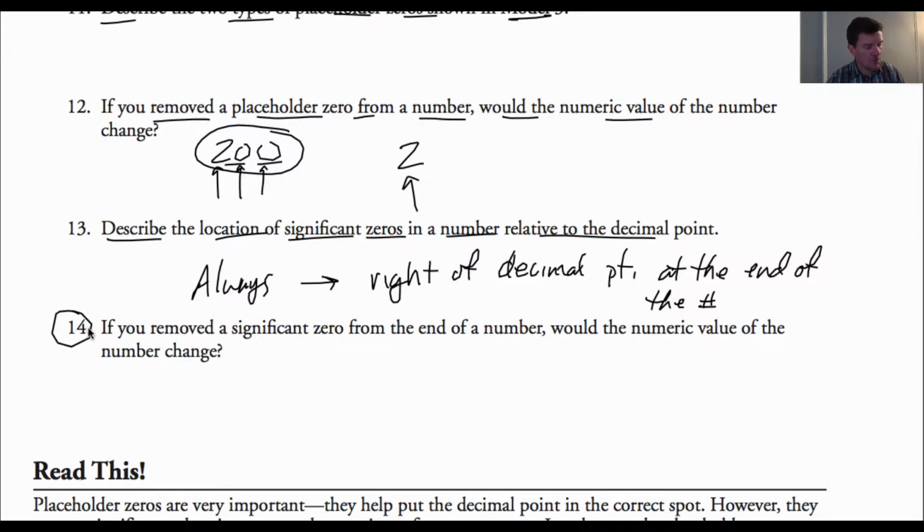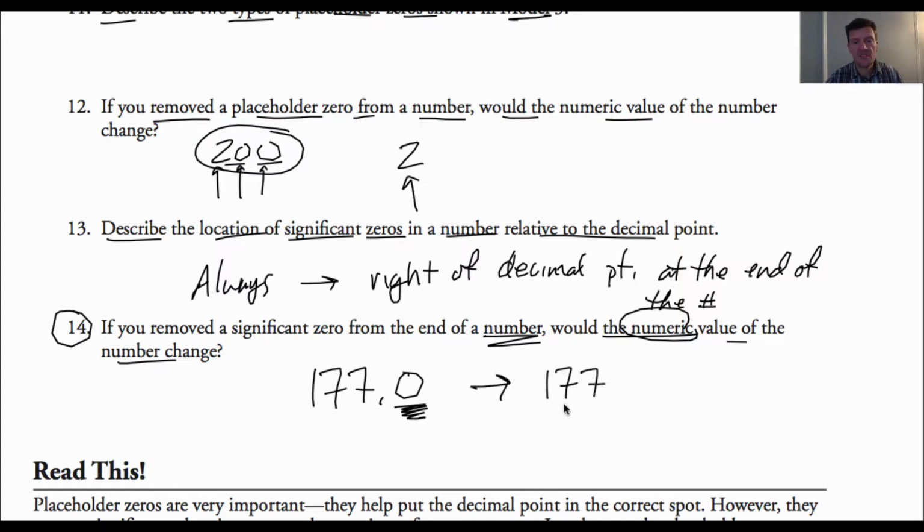14. If you removed a significant 0 from the end of a number, would the numeric value of the number change? In this case, for example, if you had 177.0, this 0 is significant. It's part of the measurement. But if you were to remove it, you would have 177.